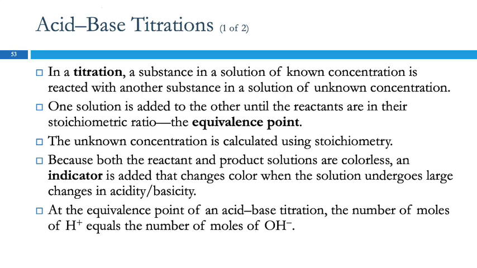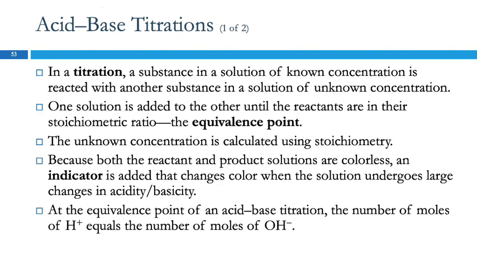For acid-base reactions, the reactants are colorless, and the products are generally colorless. And so we can't tell when we get to that equivalence point. So we use something called an indicator, which is usually an organic acid of some kind that changes color when the hydrogen ion concentration shifts.